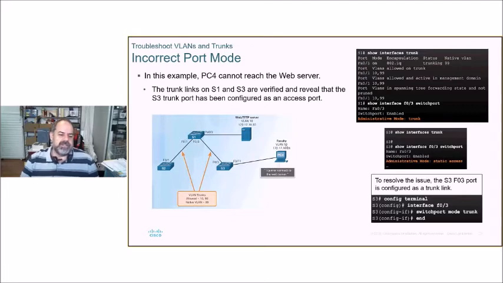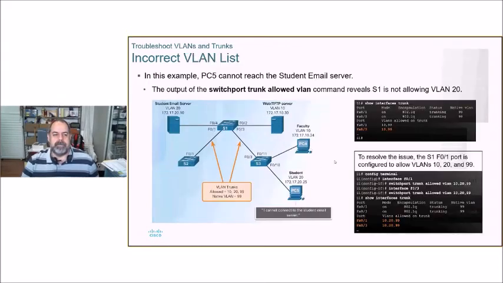So if you configure it as switchport mode access, it will not be a trunk port. It's expecting a host on the other end of the cable. And so it will not talk. And so that's a bad thing. So incorrect VLAN list, so show interface as trunk. And so again, the allowed VLANs are wrong.